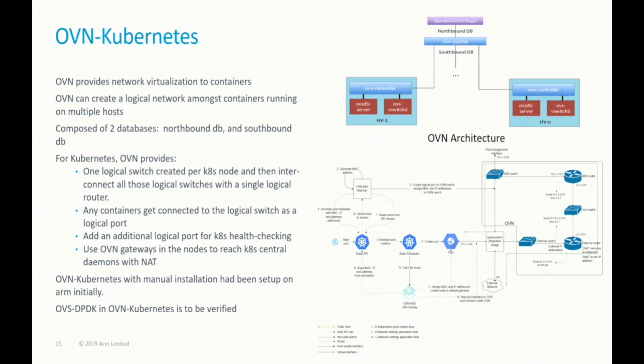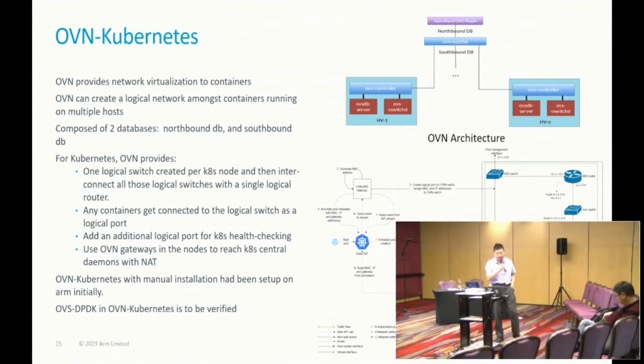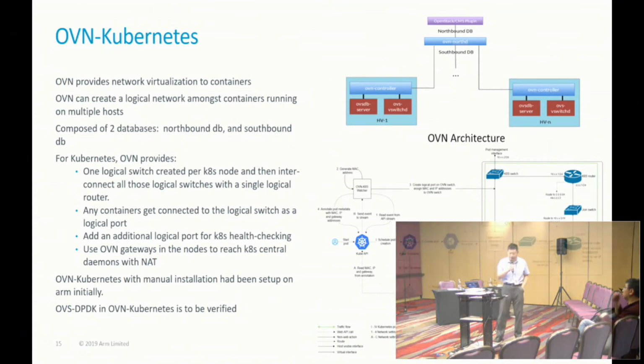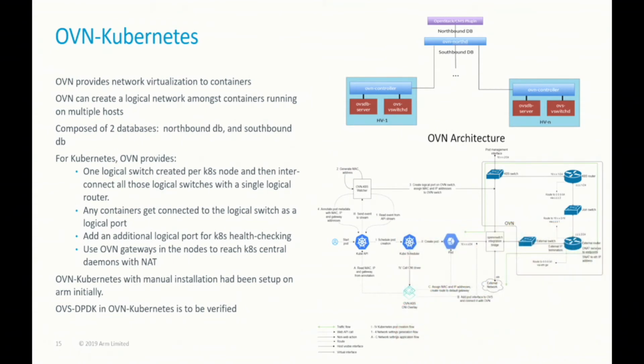Another very important, the third very important container network solution is OVN-Kubernetes. We know that OVN, Open Virtual Networking, provides network virtualization to containers. And OVN can create a logical network amongst the containers running on multiple hosts. It's composed of two databases, the northbound database and the southbound database. For Kubernetes, OVN provides the following.